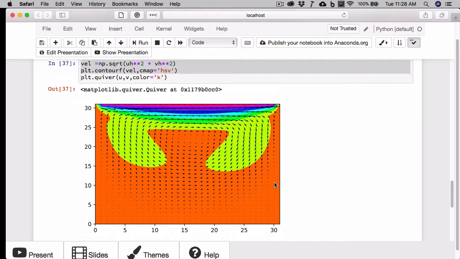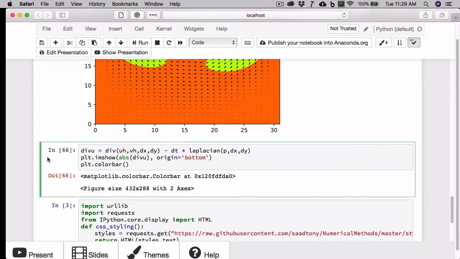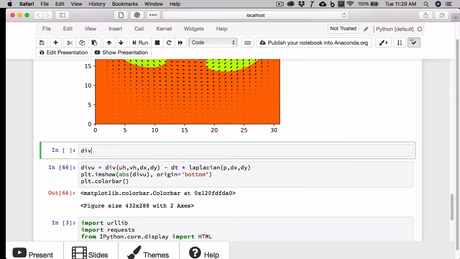Okay, so let's check. It's one thing to claim something. It's another to actually try it out. So let's compute the dilatation for our beautiful velocity field. That dilatation is going to be div u. I'm going to call that div u, and that's going to be div u v dx dy. Okay?